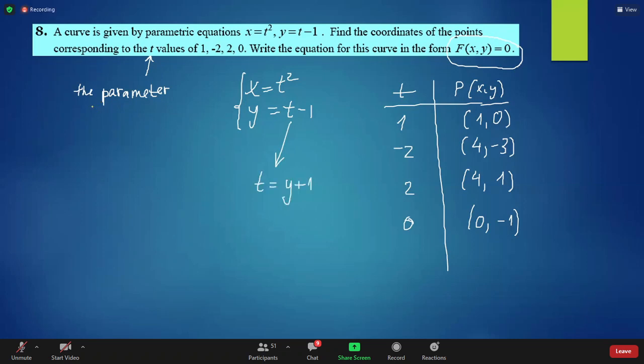So x is (y plus 1) squared, or if you like, x minus (y plus 1) squared equals 0, if we really need the 0 on the right-hand side. We can write it like this. And once again, we can say this looks like a parabola. This should be a parabola because x is expressed using y squared.